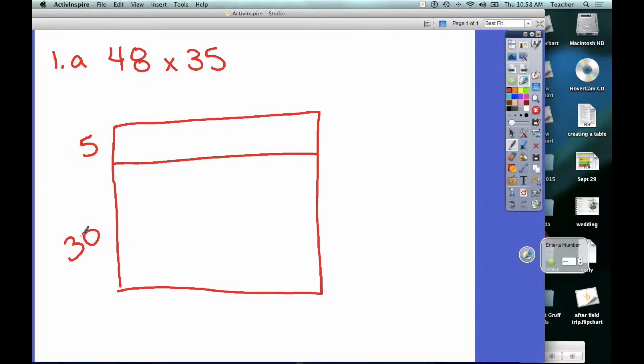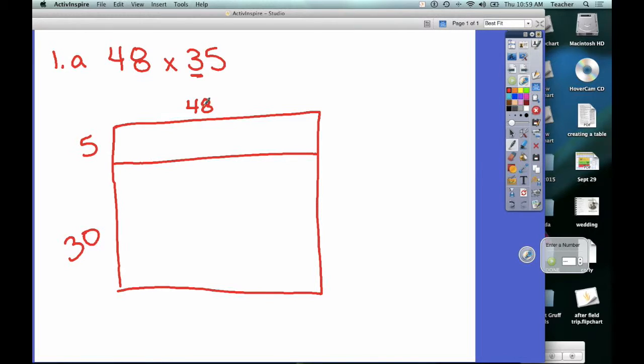Because what is the value of my 3? 30. So then what do I do with my 48? Put it on the top.